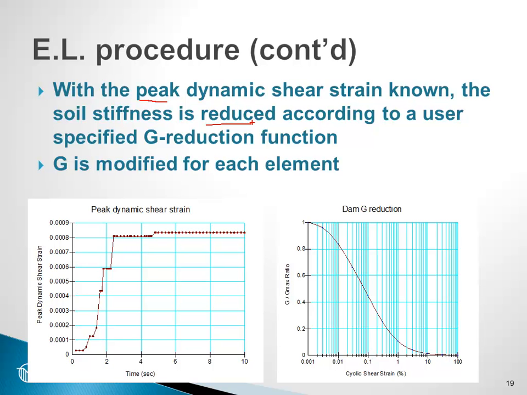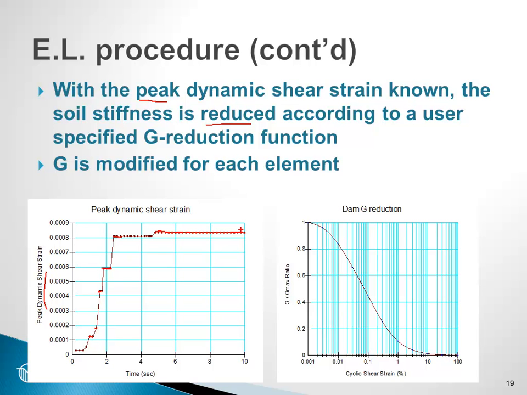So what you will see during the process is that as we go through the earthquake record, the shear strain reaches a point of a maximum and then we keep it there until it gets higher, keep it there until it gets higher, and so forth. And finally, we reach a maximum value.